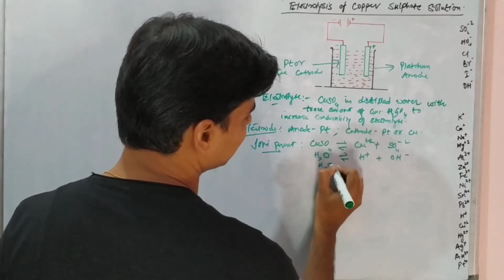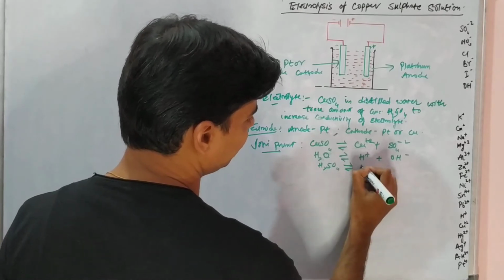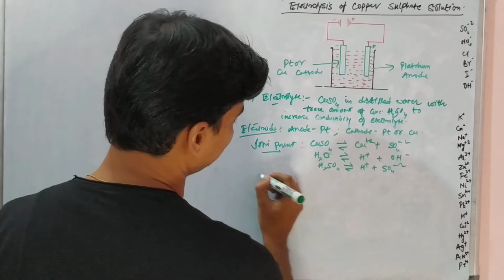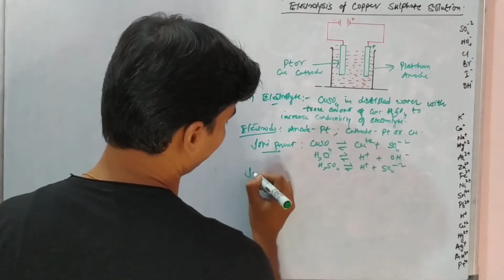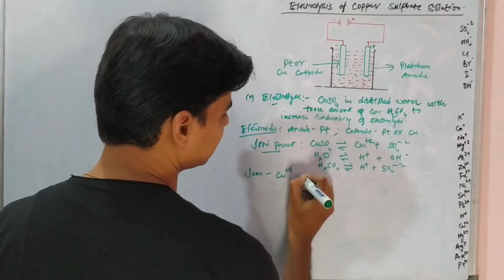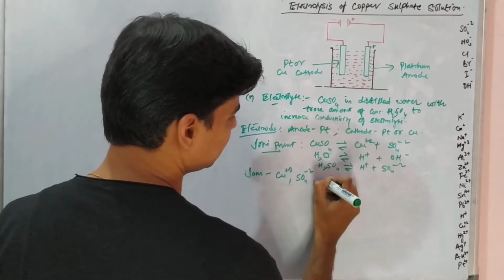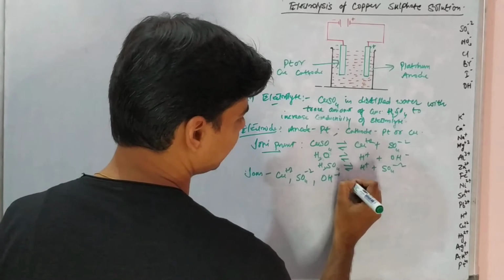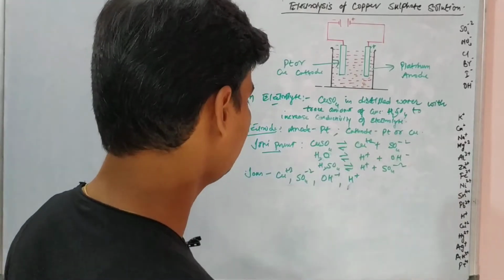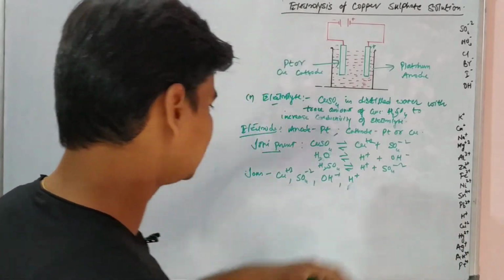Sulfuric acid will also ionize to give hydrogen ions and sulfate ions. So the ions present are copper ions, sulfate ions, hydroxyl ions and hydrogen ions.